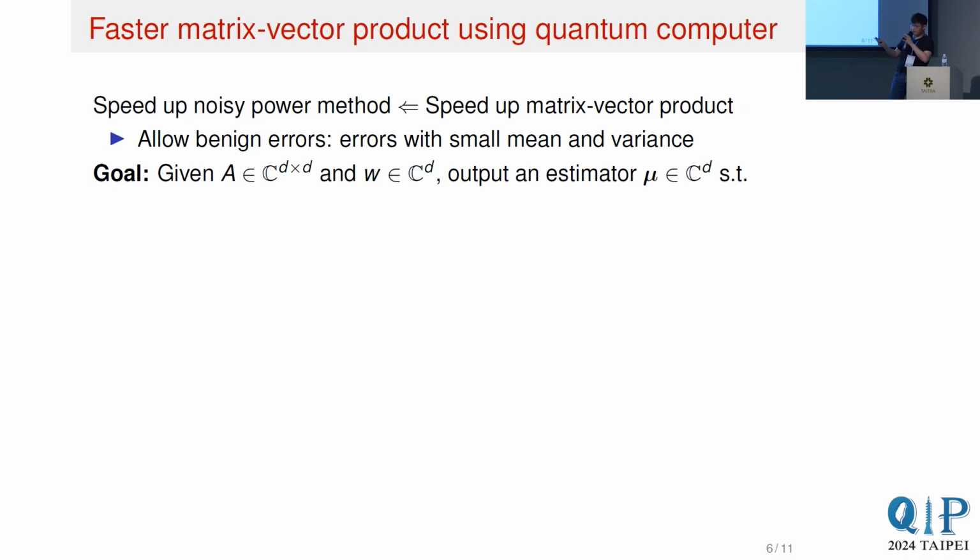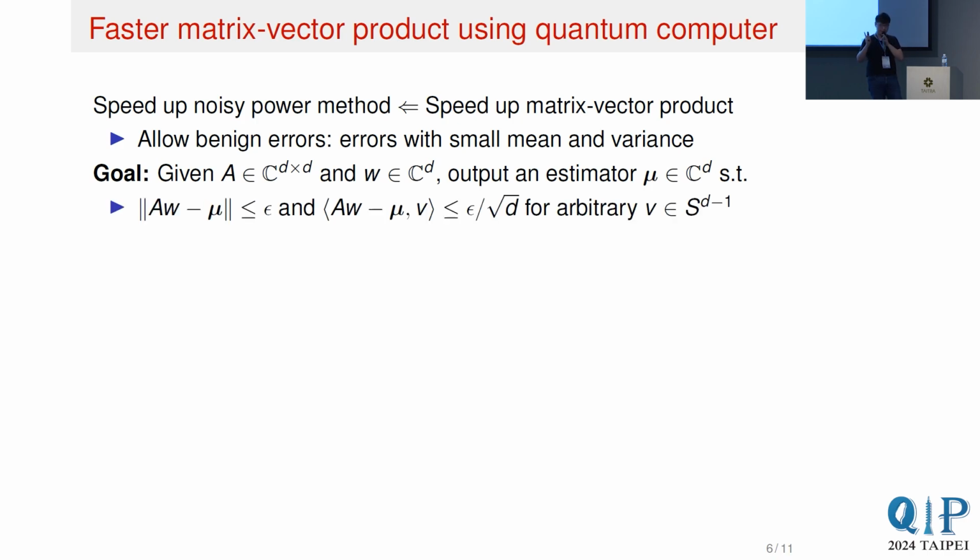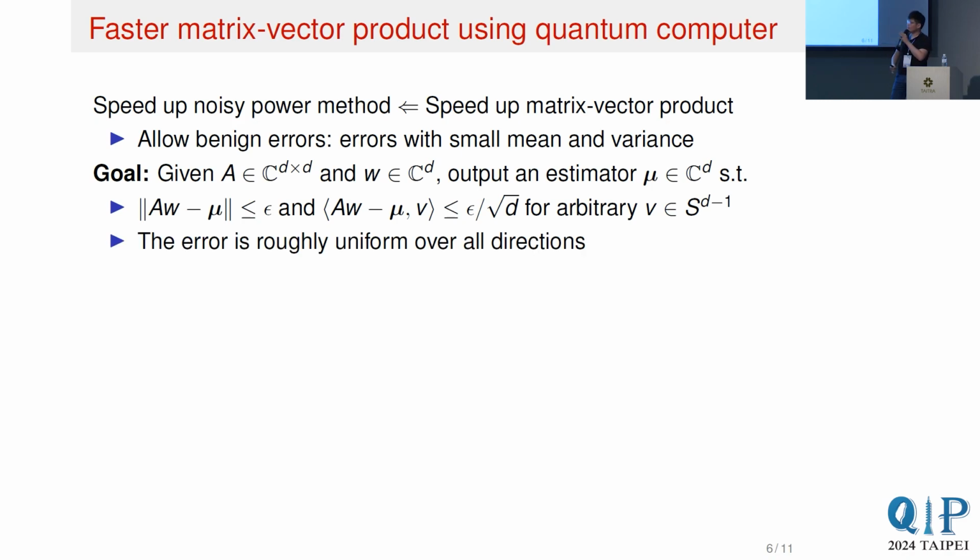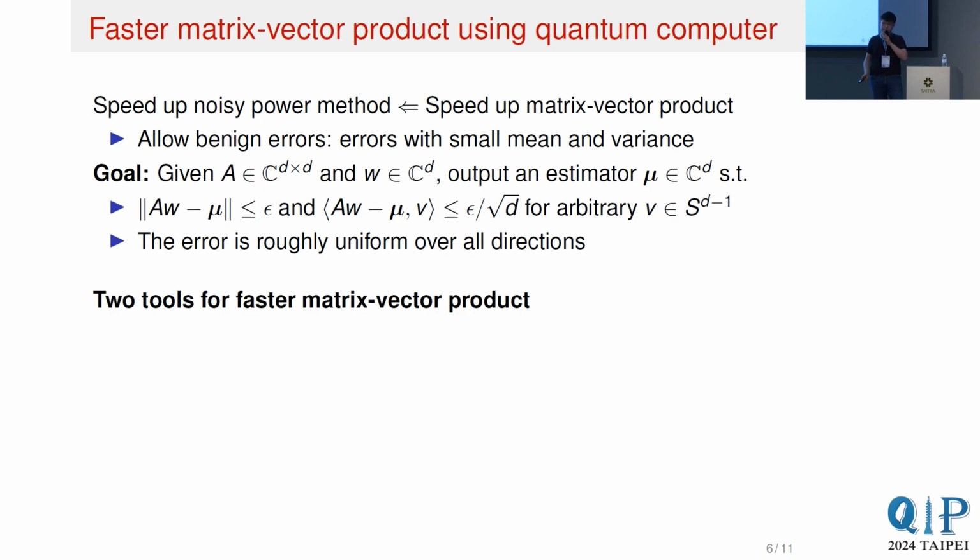Precisely, suppose we have a matrix A and a vector w, we would like to output an estimate mu such that the difference between Aw and mu is small in terms of Euclidean norm, and is further at most 1 over square root of d along any arbitrary unit vector. In other words, we not only want this error to be small in terms of L2 norm, but also roughly uniform over every direction.